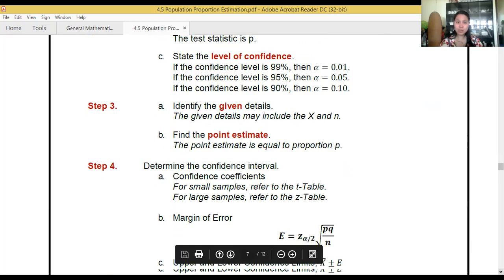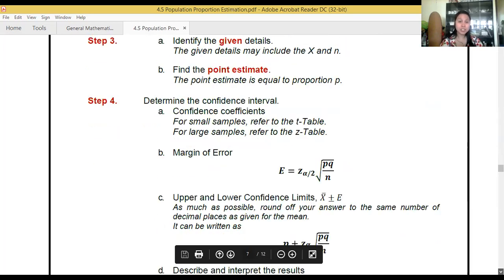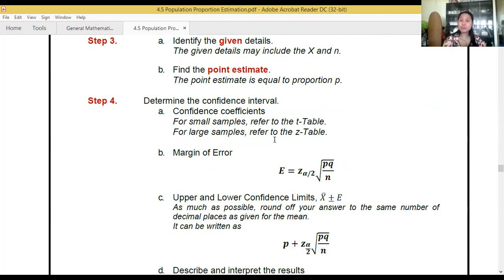In step 4, we have the confidence coefficients. For small samples, you refer to the T table. For large samples, you refer to the Z table.